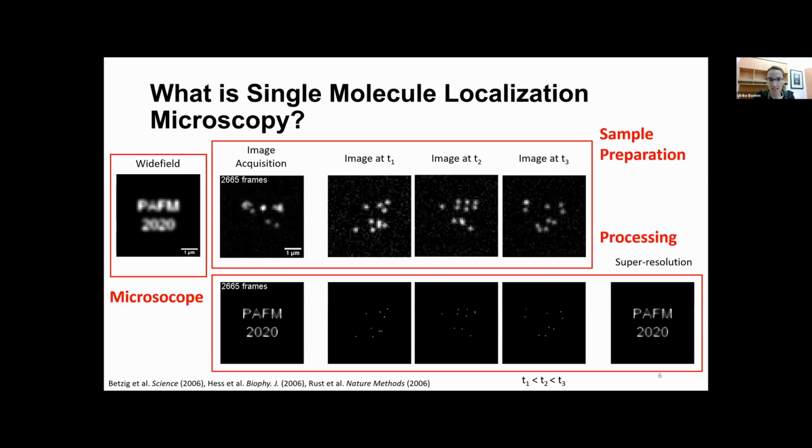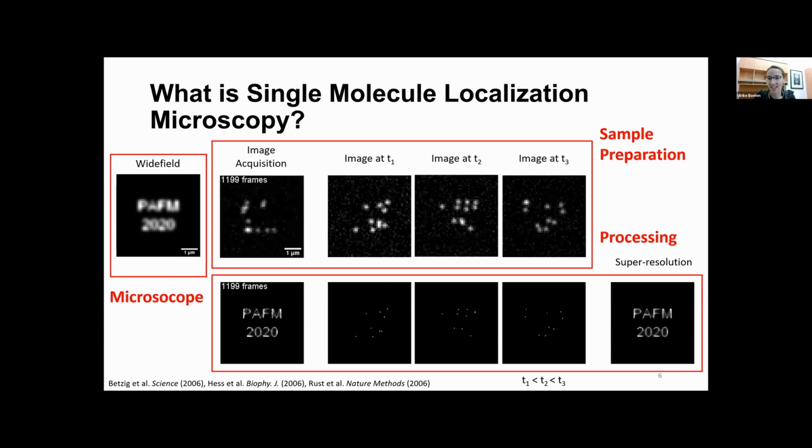But there are different parts which one has to pay attention to in order to do this right. First of all, you have to make sure that you have the right hardware, meaning the microscope which you're using needs to be set up in the right way. You have to make sure that the sample preparation is done correctly, that you choose the right fluorophores, and that the conditions for those fluorophores are optimized, meaning that you're choosing the right buffer.